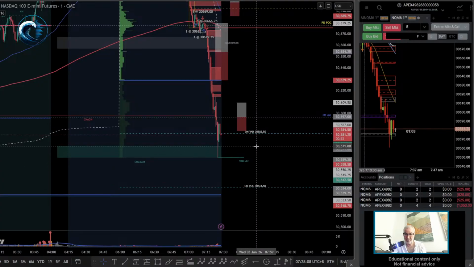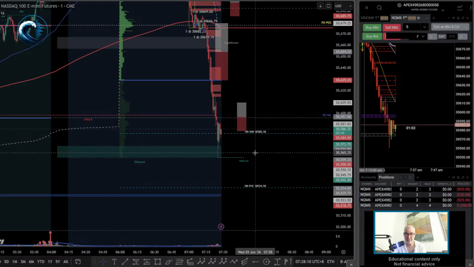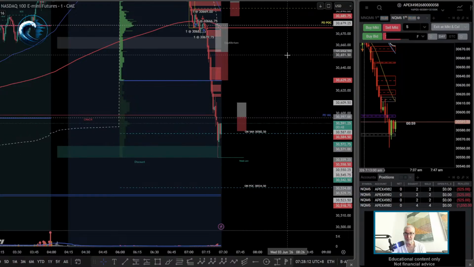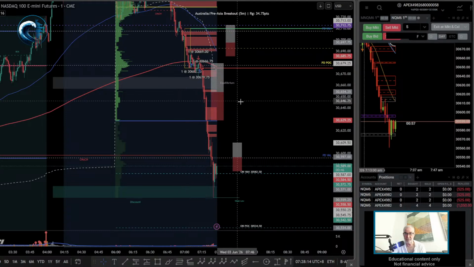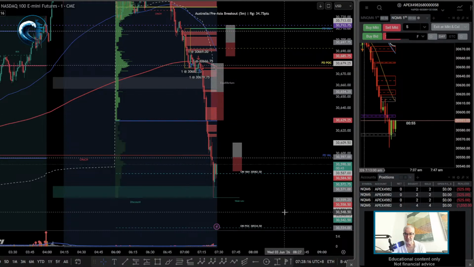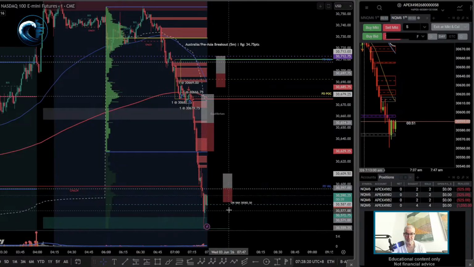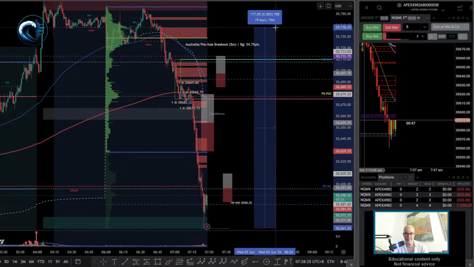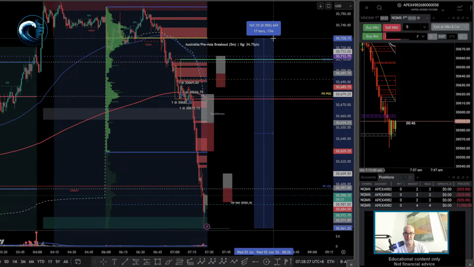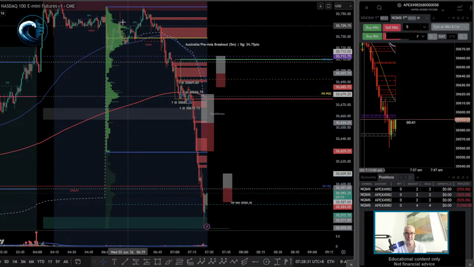And my hesitancy is purely just because we've moved over 100 points. More than 100 points. It's 170 to the POC, the current session building POC.